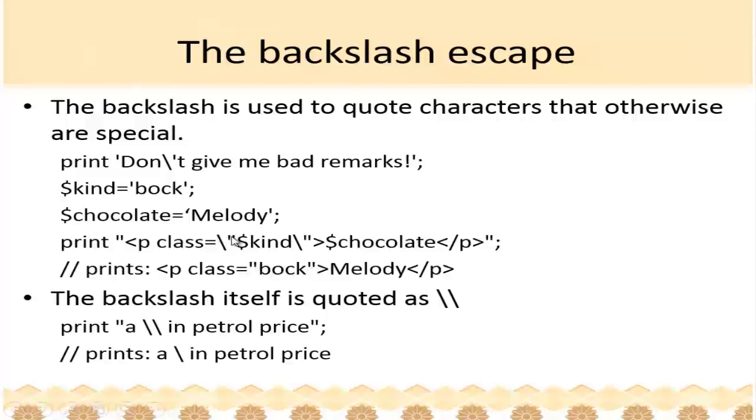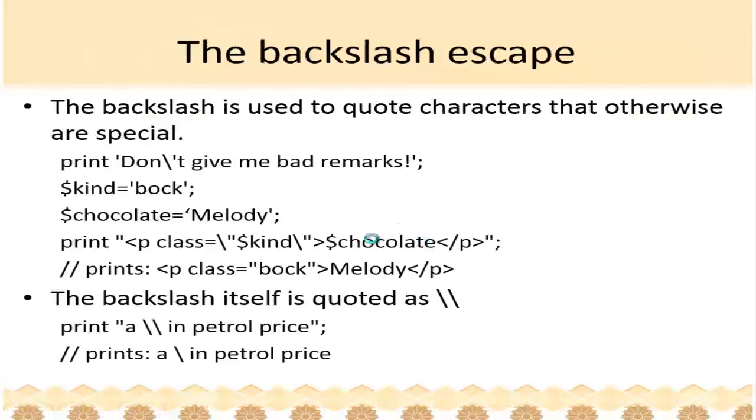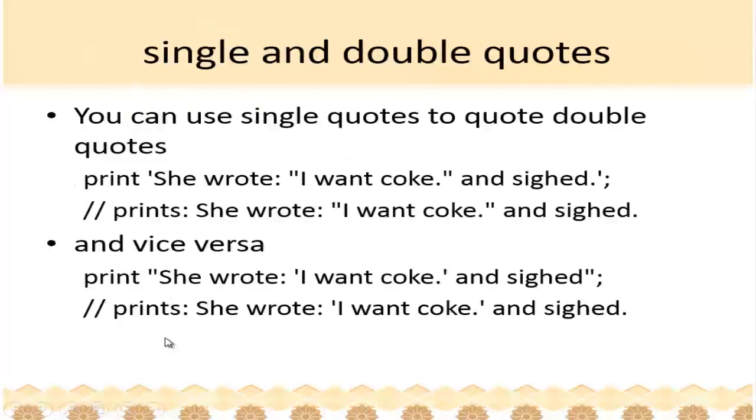So I start with the escape here and then use the values. Again, if you want a slash in petrol price, put a double slash. If you put one slash, it means it is an escape.